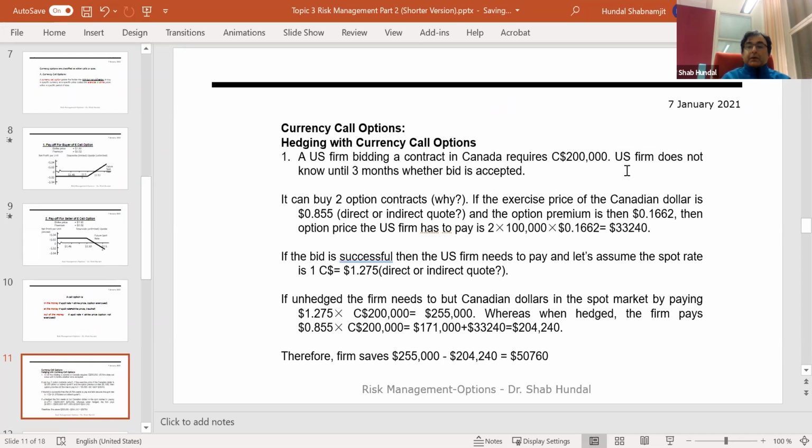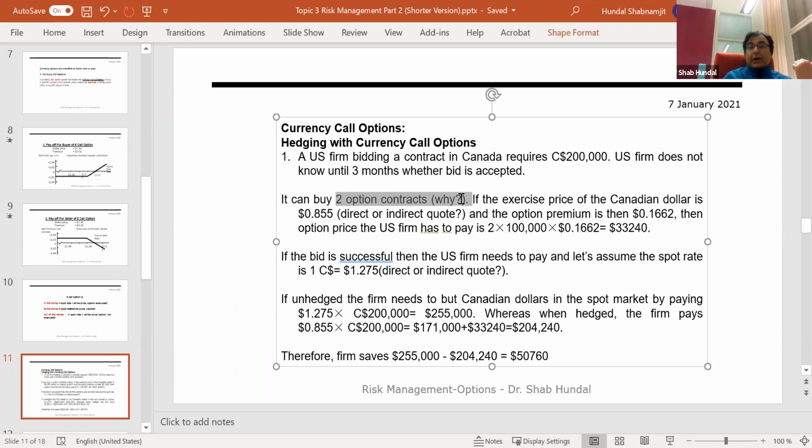It means that if you are able to buy the factory, you would need to pay 200,000 Canadian dollars. It means that you need to have 200,000 Canadian dollars now. So we are talking about the currency call option. In this case, you buy 2 option contracts.